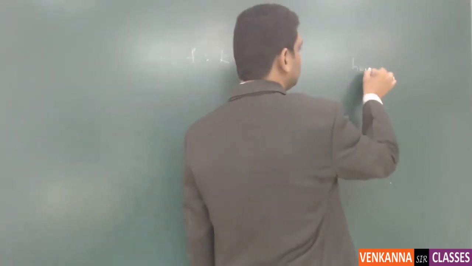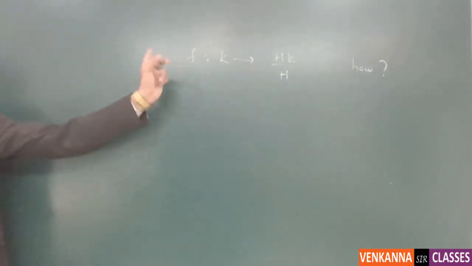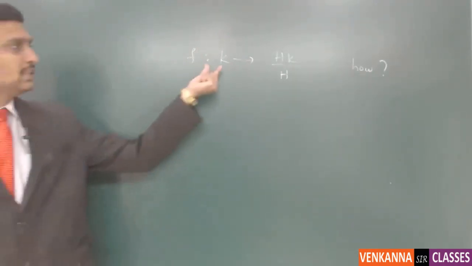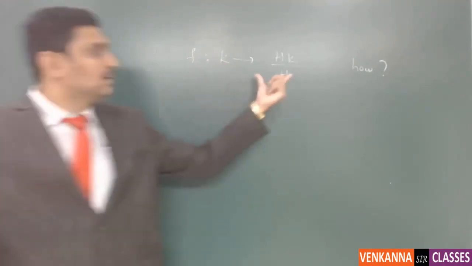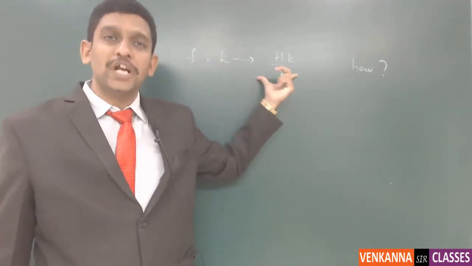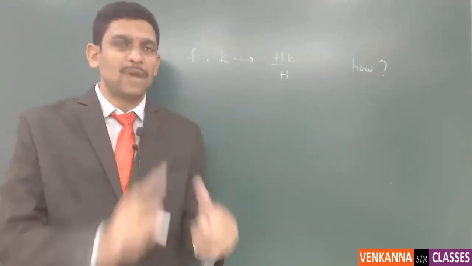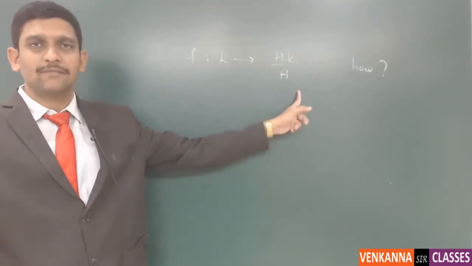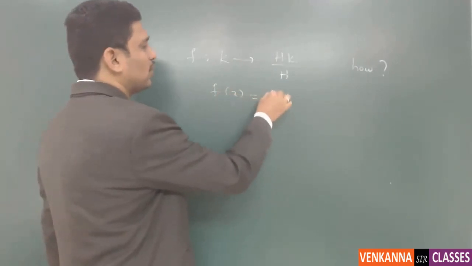How? So how to define the function here? The question is, this is a group containing only elements. This is a quotient group containing only cosets. So if you want to pair them up, you have to pair an element to a coset. So we define that f of x is equal to Hx.